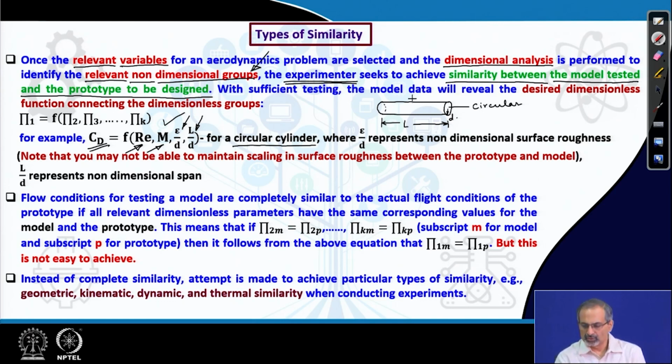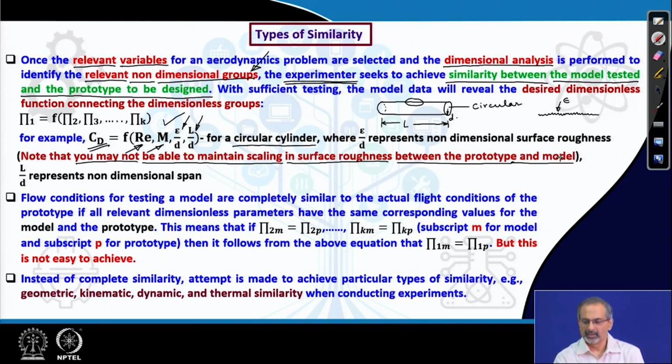If you zoom deep onto the surface and try to make measurements, you will see undulations on the surface like this, which will give an assessment of the surface roughness, which we are indicating through the epsilon. And you need to note that you may not be able to maintain the scaling in surface roughness between the prototype and the model.